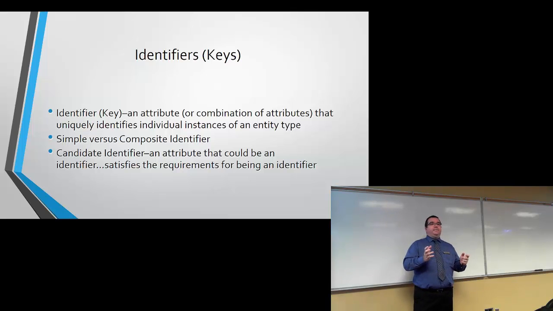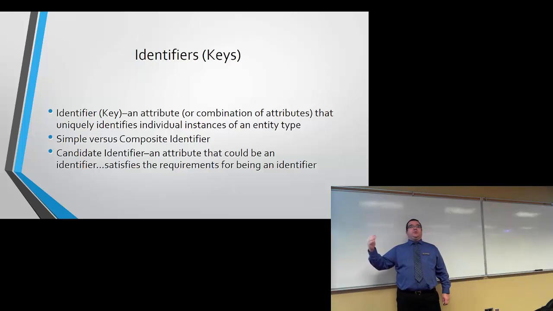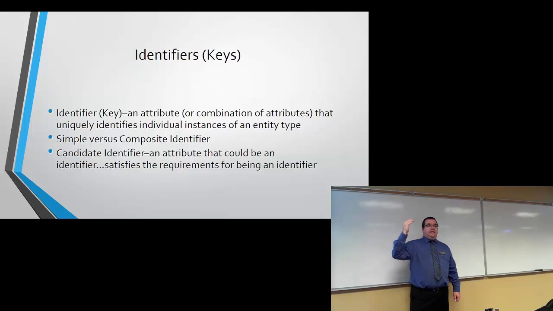So as a rule of thumb, what you want to have are simple identifiers, simple keys. And just so you know, when we talk about this later, these are primary keys. From here on out I'll be calling them primary keys, because that's what they're called in a database. The primary key is the identifier used to uniquely identify a record in the database.